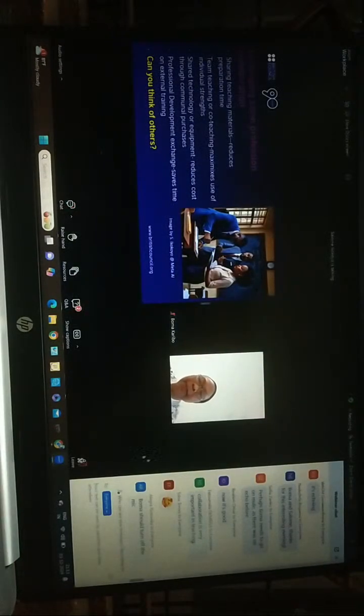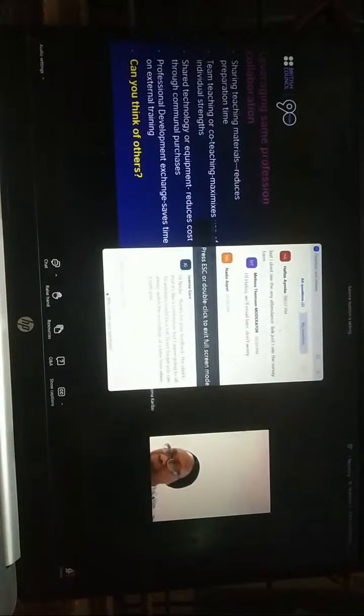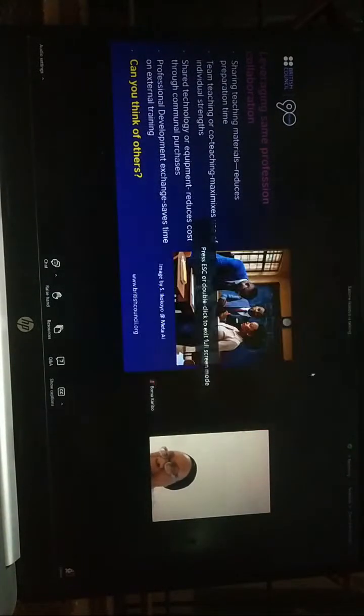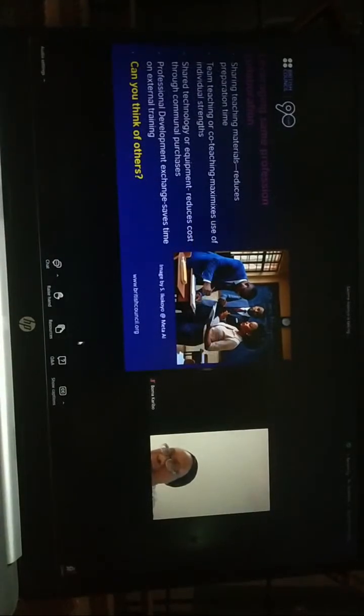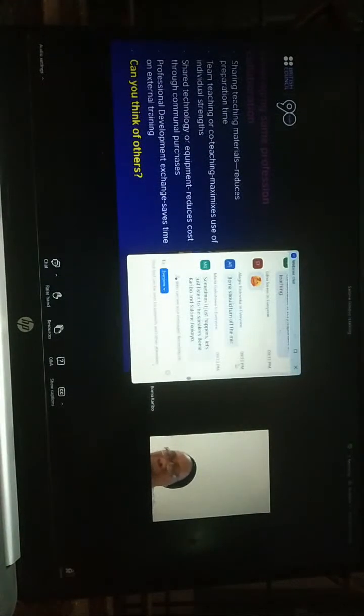Then what about team teaching or co-teaching? This maximizes the use of our strengths. So for instance, my colleague does well teaching grammar. Could I bring this person in to take grammar lessons in my own class? Or could I share technology? For instance, it's very expensive buying technology we use in the classroom.